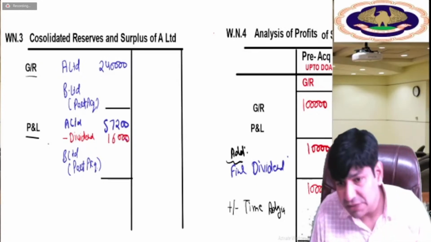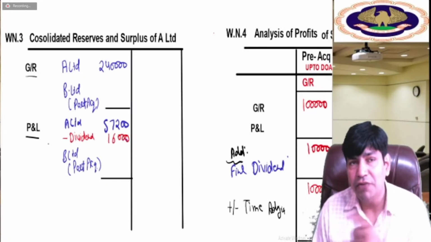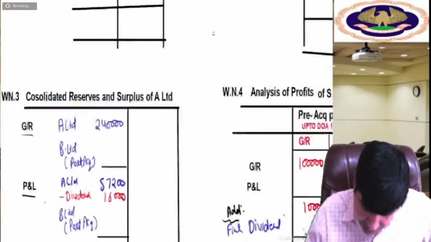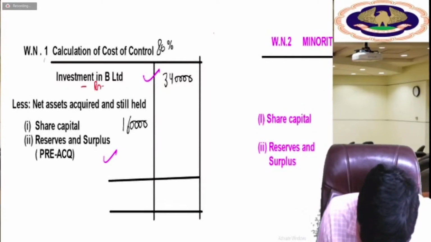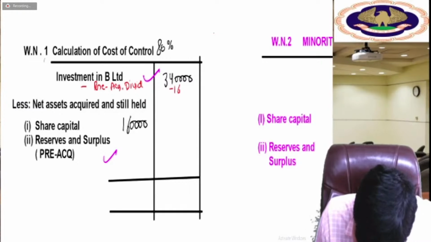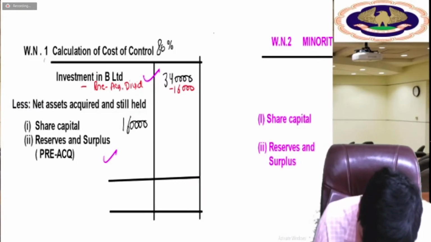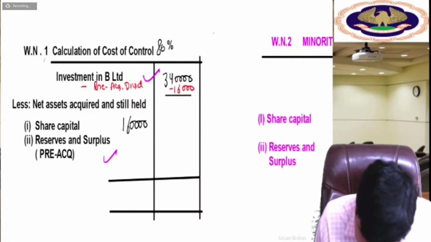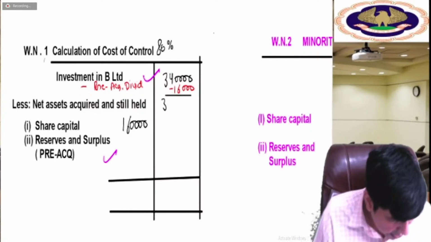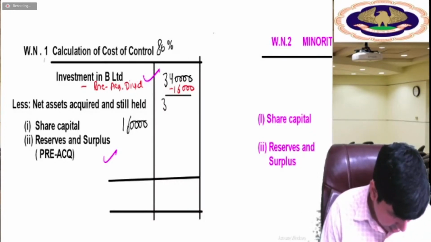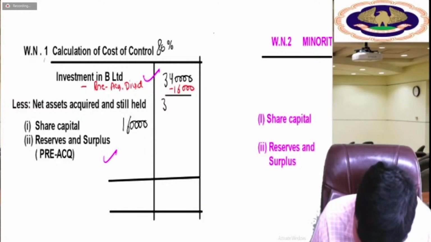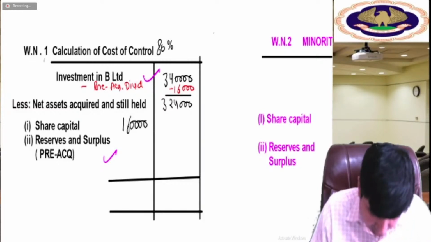First we reduce it from the P&L where it has been credited, and it must be reduced from the cost of investment. Only then can we find the correct figure of investment to be compared. So 3,40,000 minus 16,000 becomes 3,24,000.